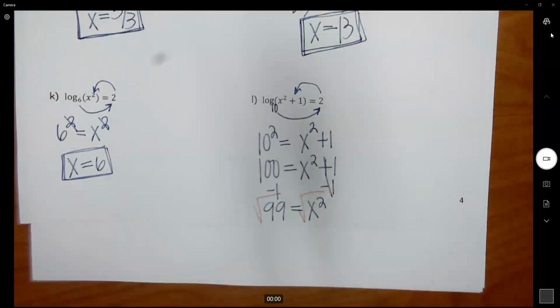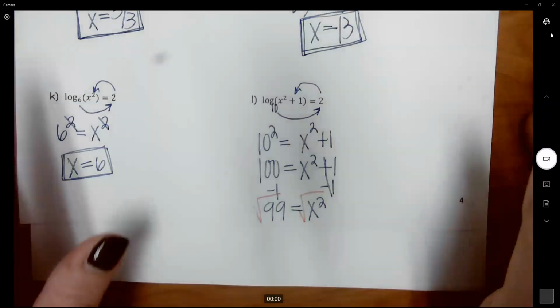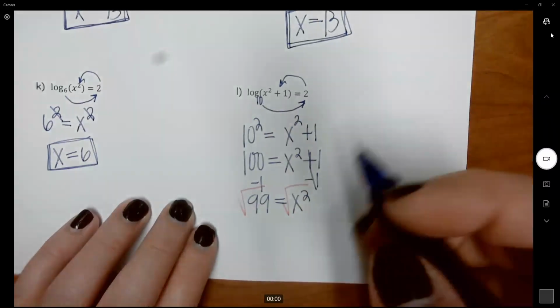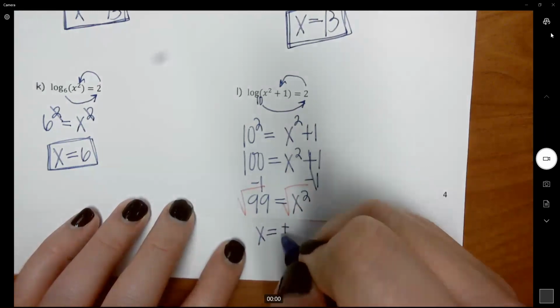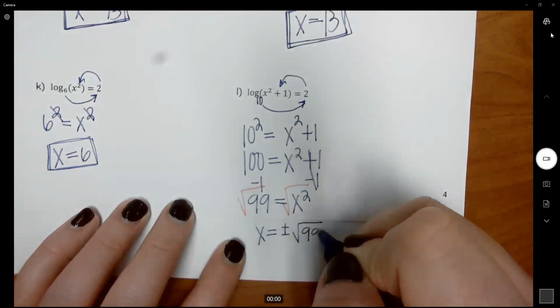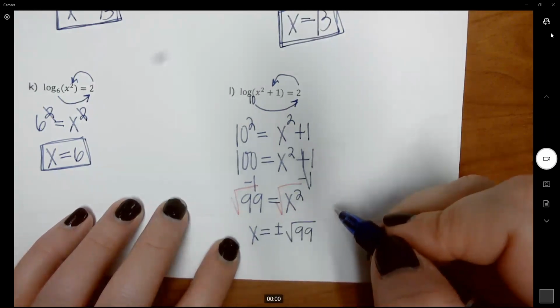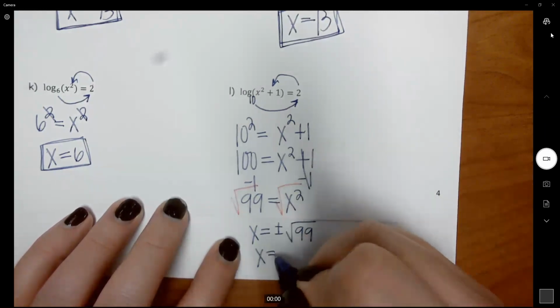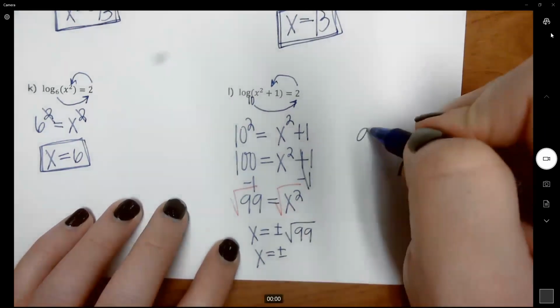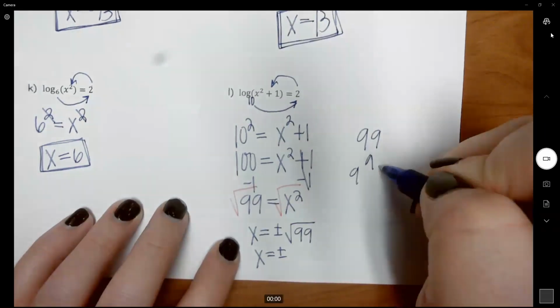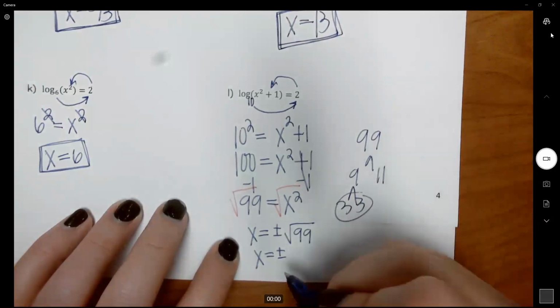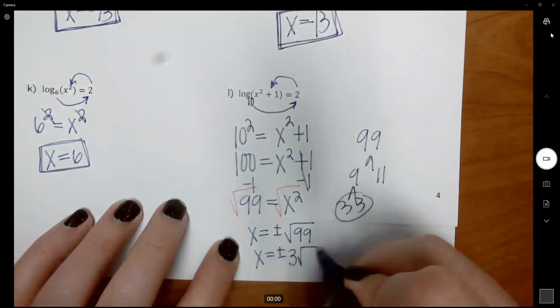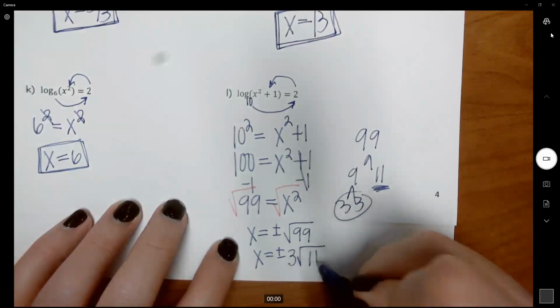Let's take the square root. We will get x equals plus or minus the square root of 99, which can be simplified. 99 is 9 times 11, and 9 is 3 times 3. We have plus or minus 3 square root 11.